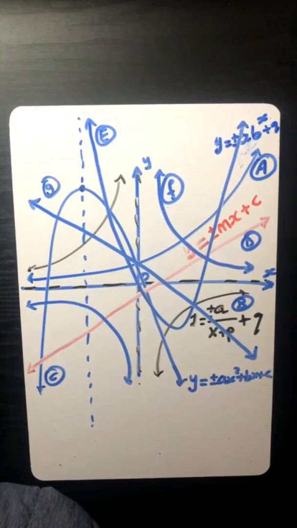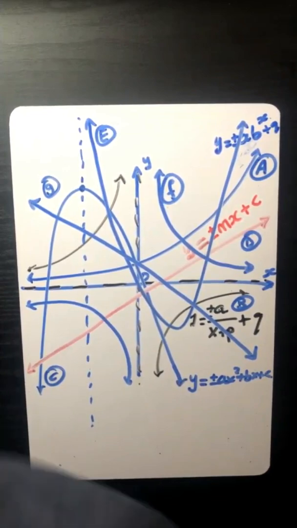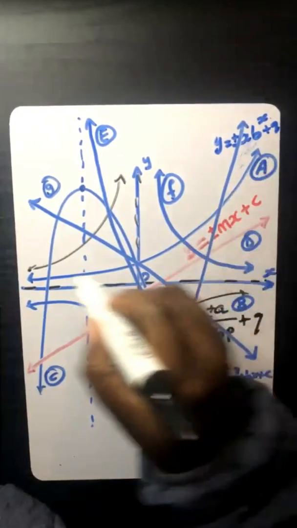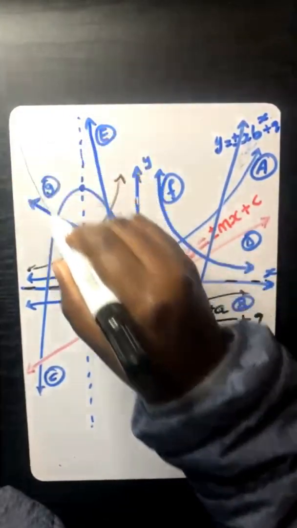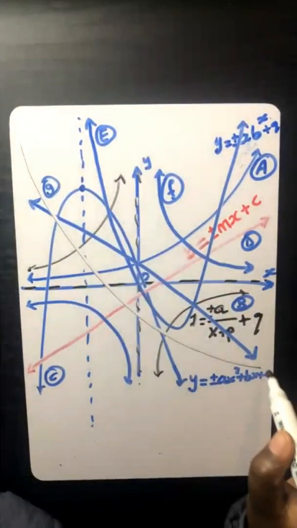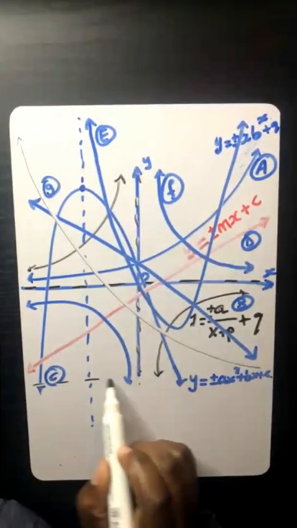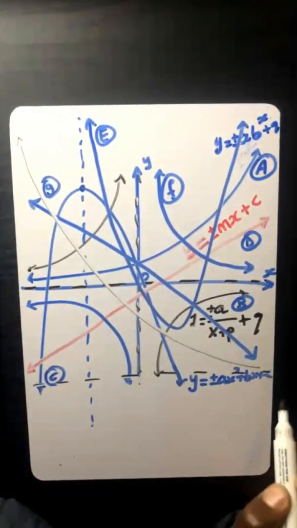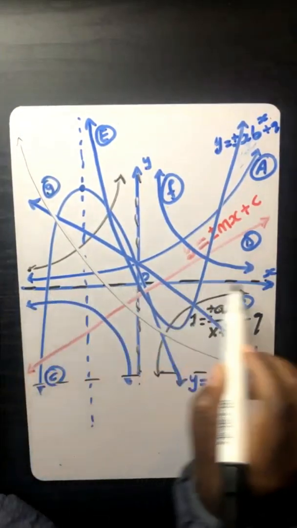What else, ladies and gentlemen, is there? Okay, yes, there's another one missing there. Can you see I had that one? So now I can also have that one like that. And what do we call this one? Remember, there's a possible asymptote over there. Okay, the invisible asymptote for that one is there.